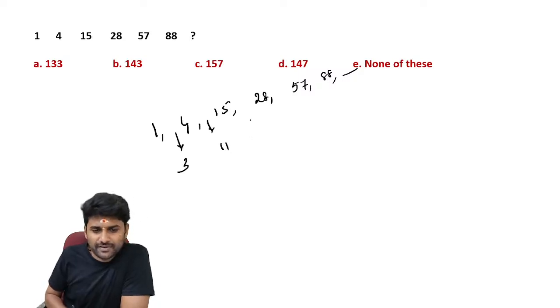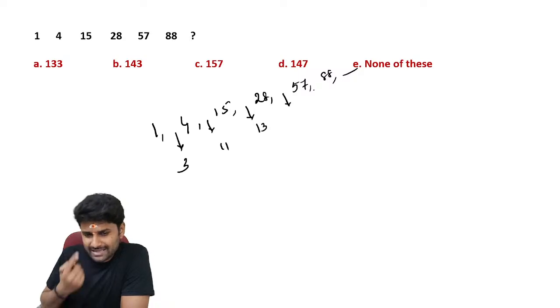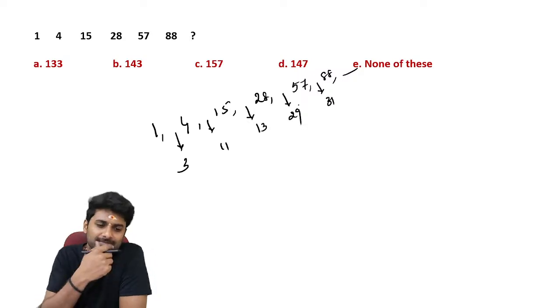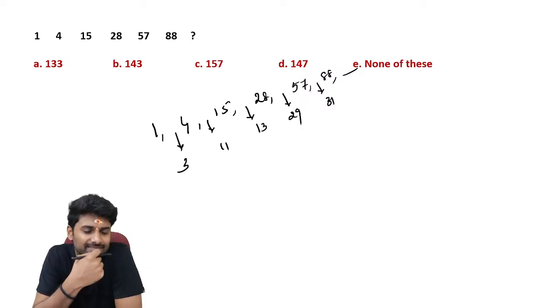Here the difference of 11 units. 15 and 28, difference of 13 units. 28 and 57, 29 units. 57 and 88, 31 units. Is it the right sequence? If it is the right sequence, tell me the exact answer.